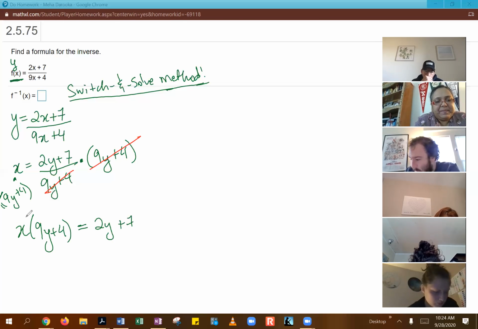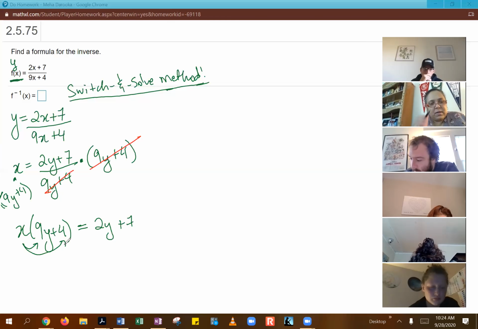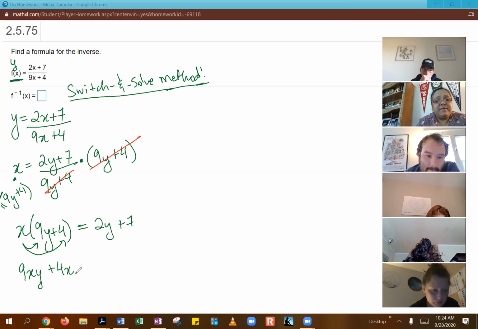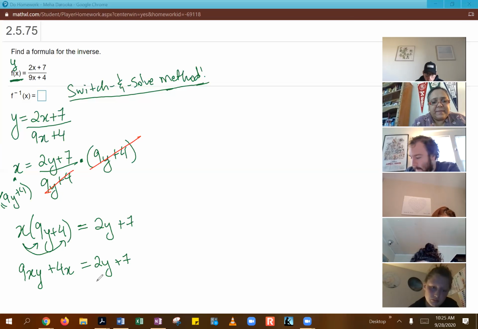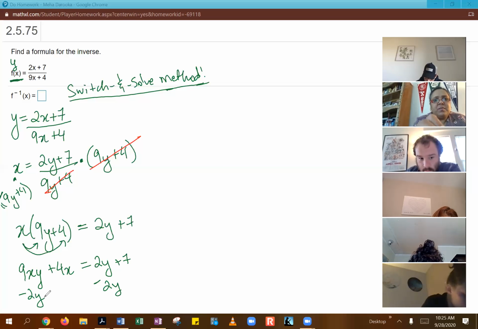Now you will go ahead and distribute that x inside the parentheses. So this will end up giving us 9 times xy plus 4 times x on the left. Of course, 2y plus 7 on the right. And now we're actually getting close because we have kind of brought that y outside of the parentheses. So we want to try and bring both the y terms together. So in this case, and it doesn't matter which one you move, but I guess I'm going to go ahead and subtract my 2y on both sides.